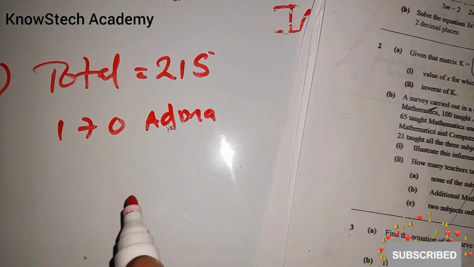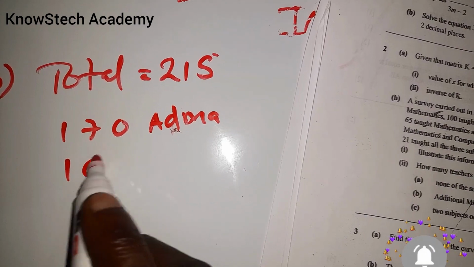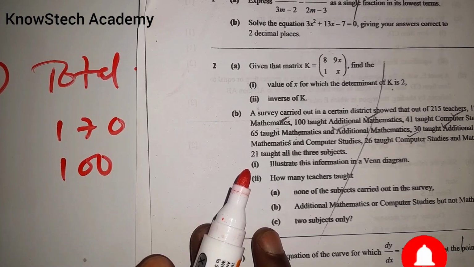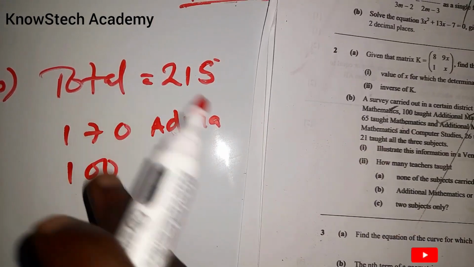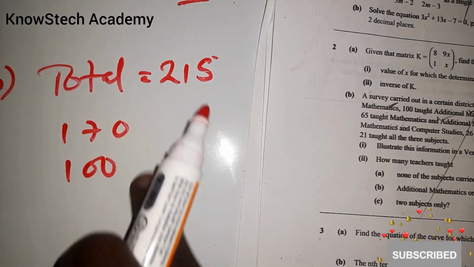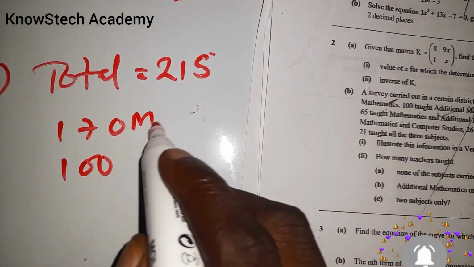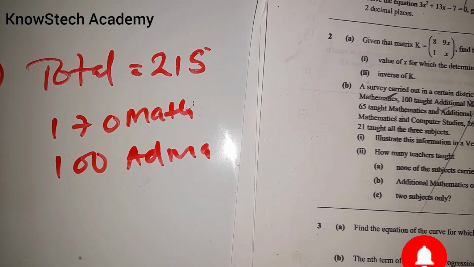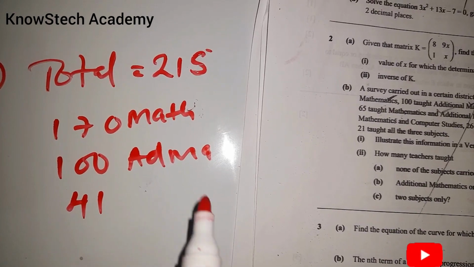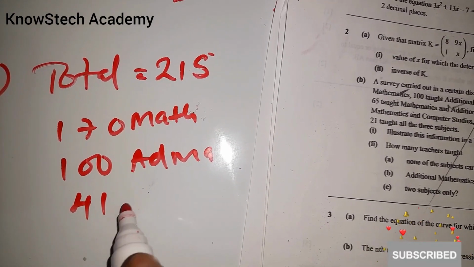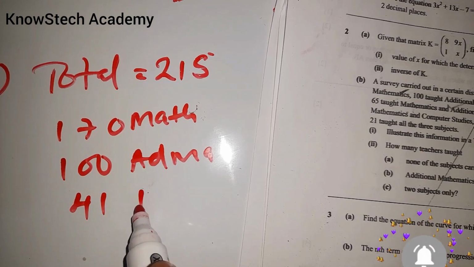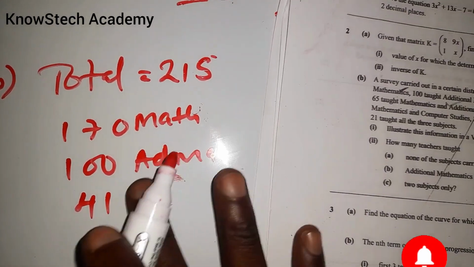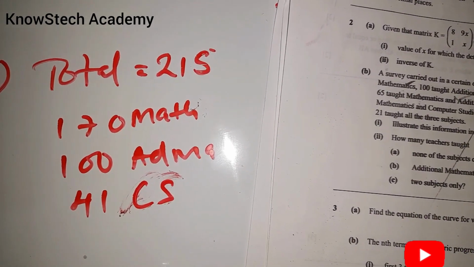Okay, then 100 taught, 170 is not additional mathematics, 170 is just mathematics, then 100 additional mathematics, 41 computer studies. Let me just write IT or CS, just write computer studies.